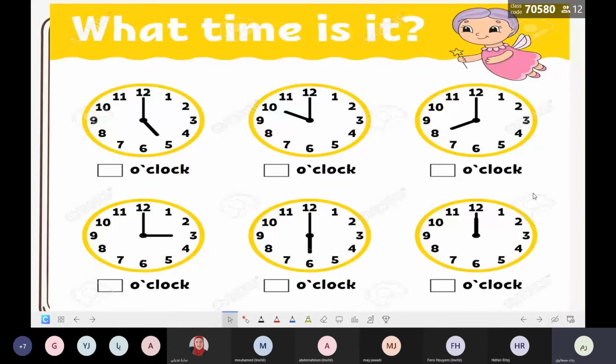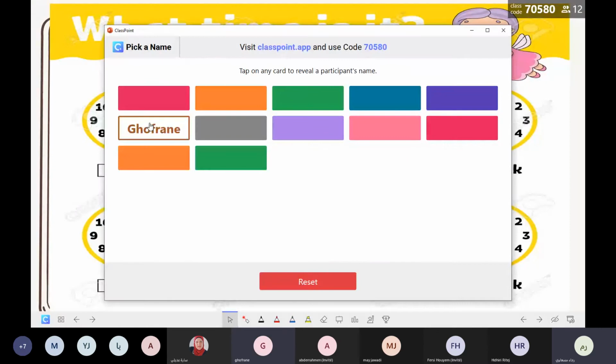The hour hand is in 3 and the minute hand is in 12. It's 3 o'clock. Excellent, thank you. Okay, Ghufran, number 5. 6 o'clock. Excellent. 6 o'clock. Thank you. Good.